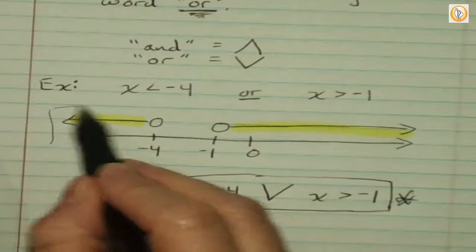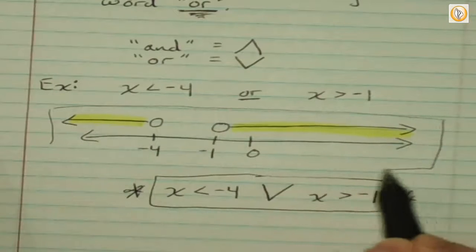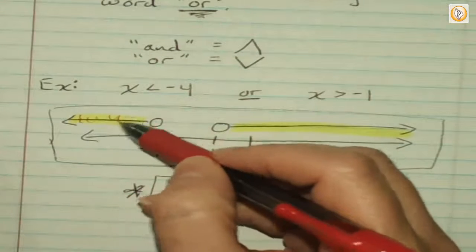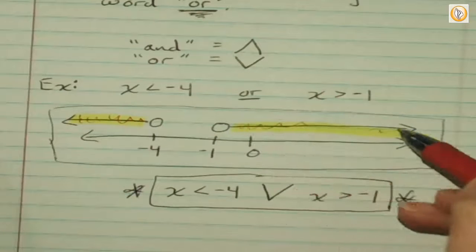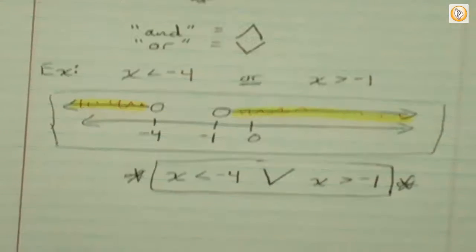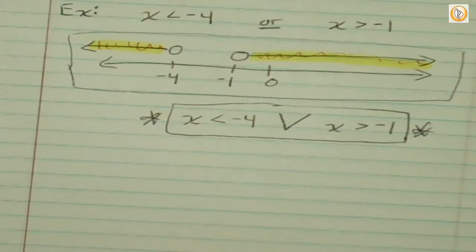If they tell you to graph it, this is what you would do. Some of you may not use your highlighter, so you could just use another pen to designate what area. With the conjunctions, they were very specific. These aren't quite as specific with the graphs.